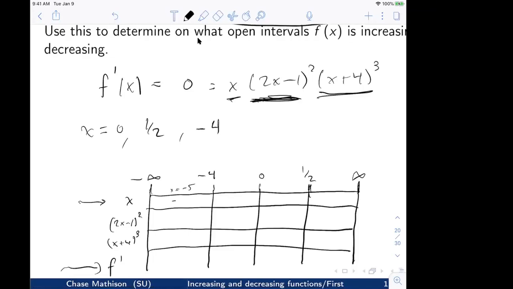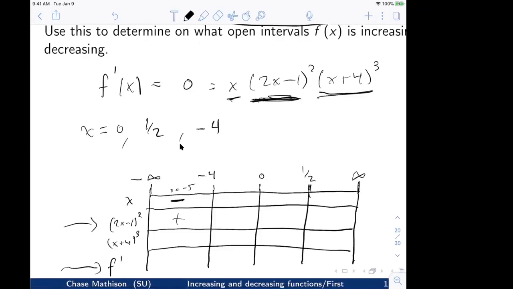Minus. Yeah, minus. Cool. And I guess we'll do the first column. What sign does (2x minus 1) squared have? Hint, it's something squared. Positive. In fact, this whole row, we don't need to do any work to get.